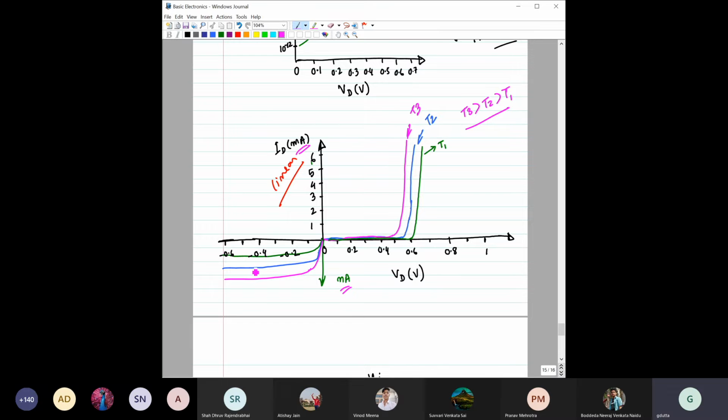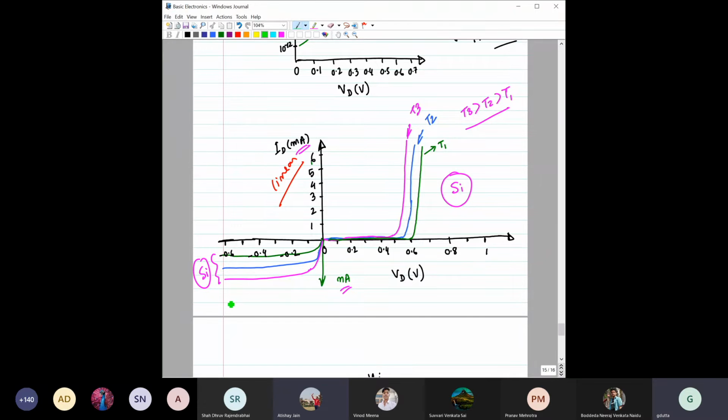Now, all these are silicon. Suppose we had the germanium one. Can anyone tell me how the germanium diode characteristics would look here? Anyone guess? Above Si. Sorry? So the current will be higher than in Si.